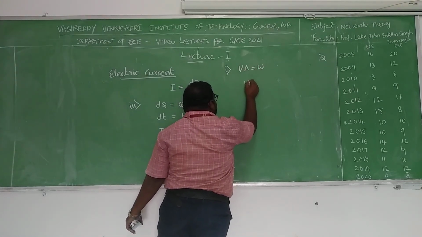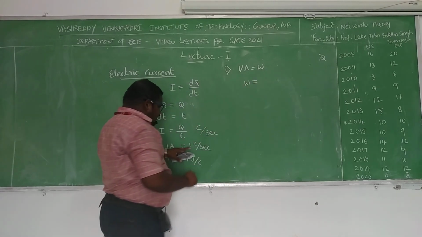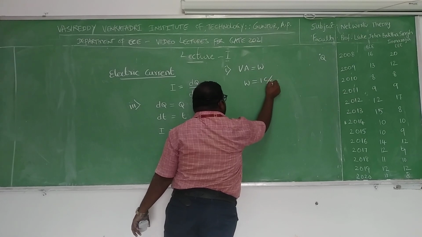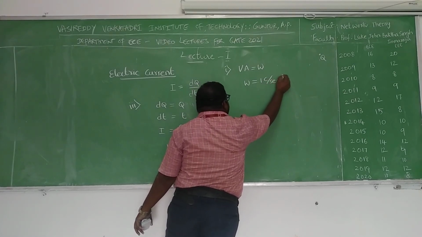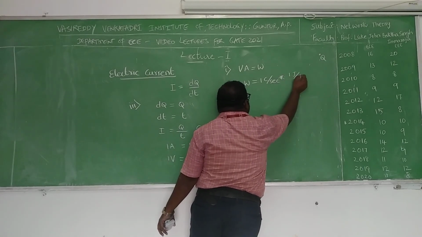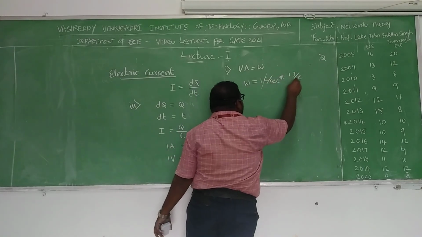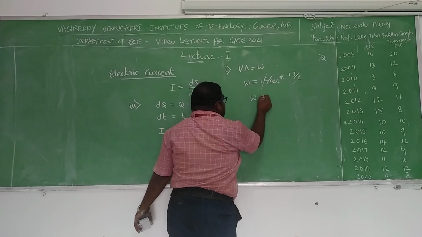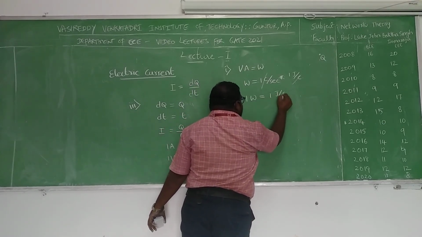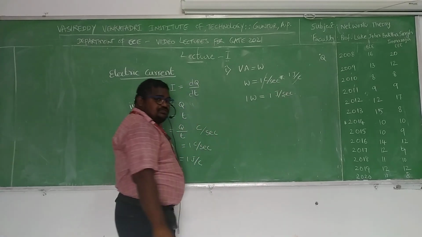Substituting the values, 1 coulomb per second into 1 joule per coulomb, the coulomb gets cancelled, so 1 watt is equal to 1 joule per second.